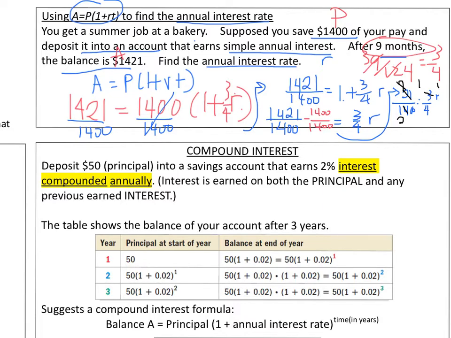And I can simplify 2 with 4, and then I could cross multiply. R times 1 is R, 2 times 1 is 2, 2%.